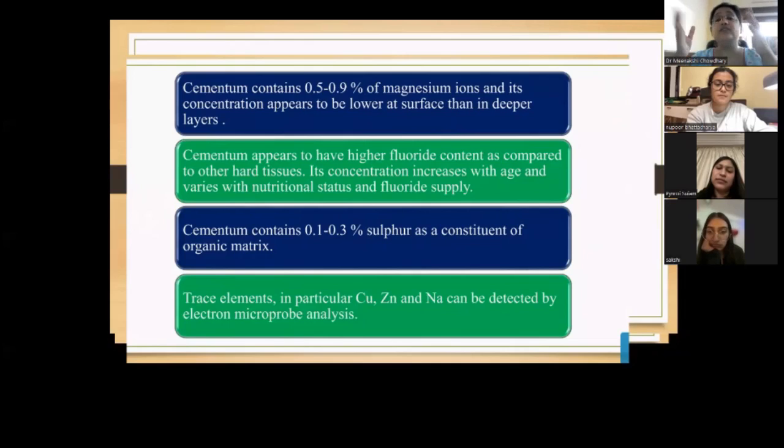It varies with fluoride supply, geographical concentration of fluoride ion, and nutritional status of the patient. Sulfur in the cementum composition is about 0.1 to 3%, which also constitutes the organic matrix part, because it is involved in the formation and cross-linking of collagen fibers in the organic matrix. Cementum also includes copper, zinc, and natrium, that is sodium, detected by electron microscopic analysis.